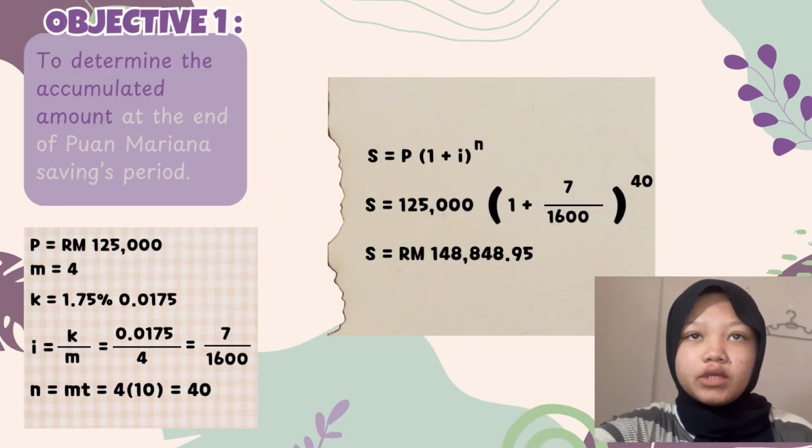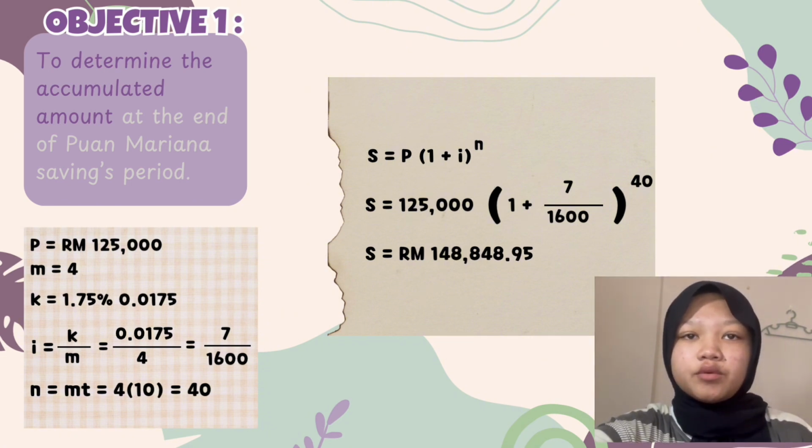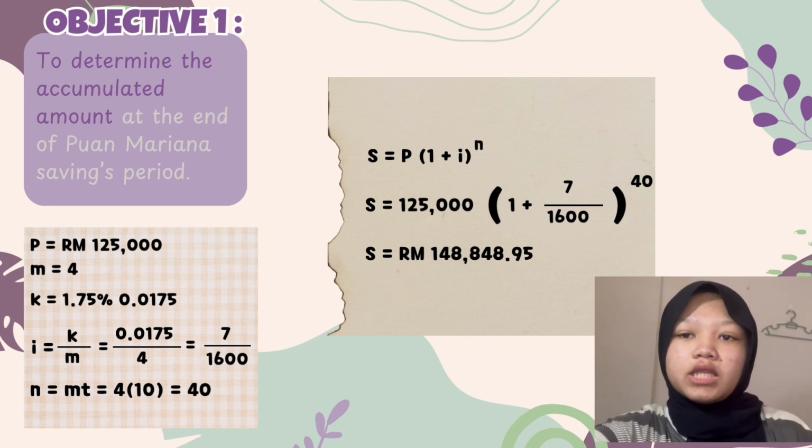Objective 1. To determine the accumulated amount at the end of Puan Mariana's saving period. P is 125,000, m is 4, K is 0.0175. i equals K over m, 0.0175 over 4, equals 7 over 1,600. n equals m multiplied by t, equals 4 multiplied by 10, equals 40.